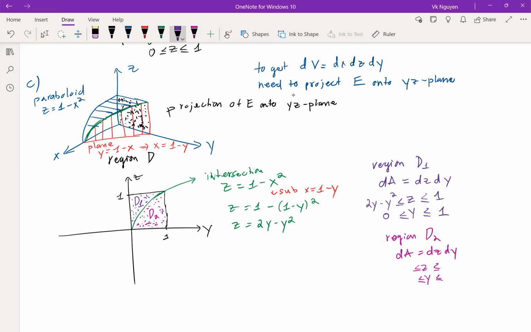Now for the region D2, z is going to go from 0 up to the curve, and then y goes from 0 to 1.